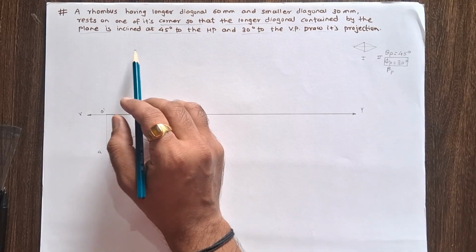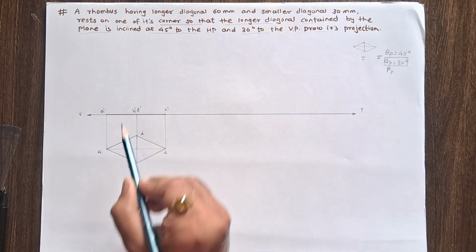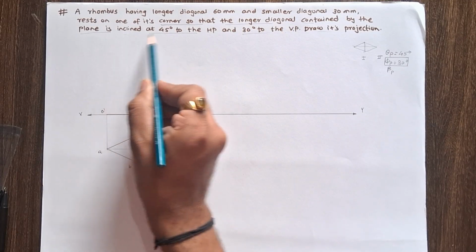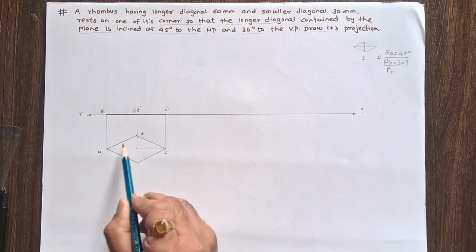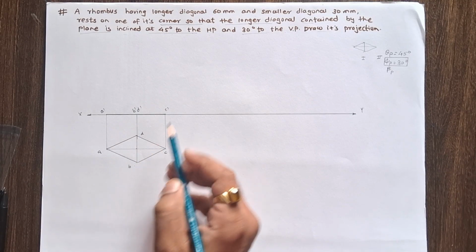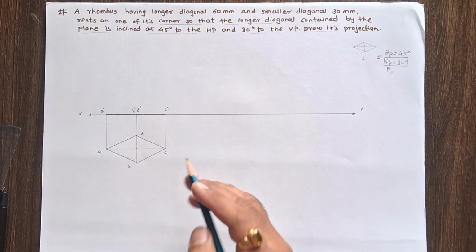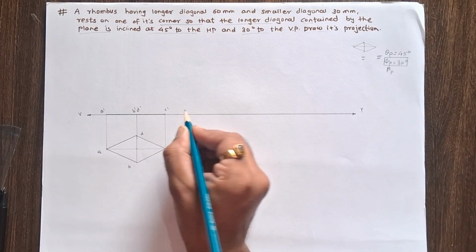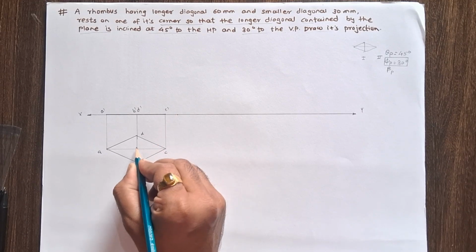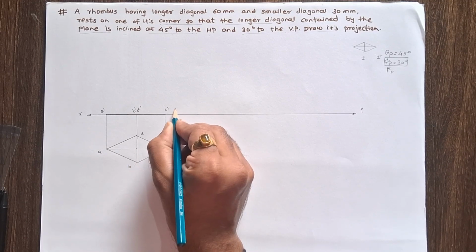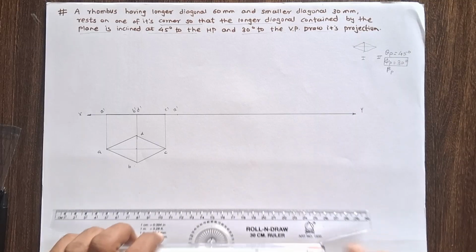Now here, the rhombus plane is inclined at 45 degrees to the HP. The whole plane is inclined to the HP at 45 degrees. So for the second stage front view, mark a random point near stage 1 and give the name A dash. Now this is the line view.